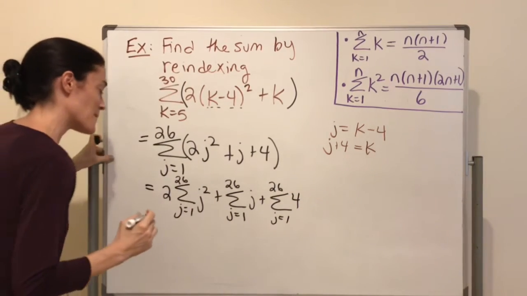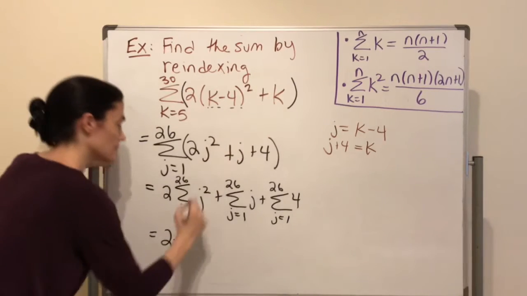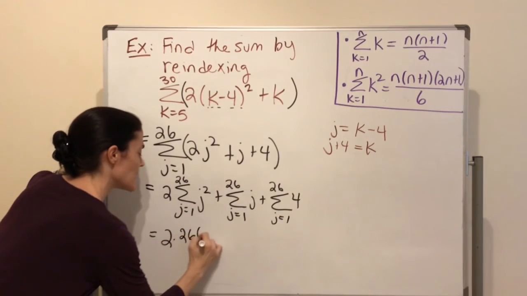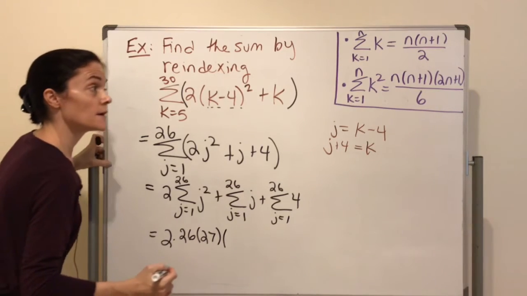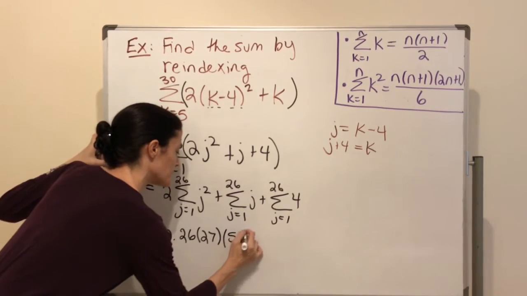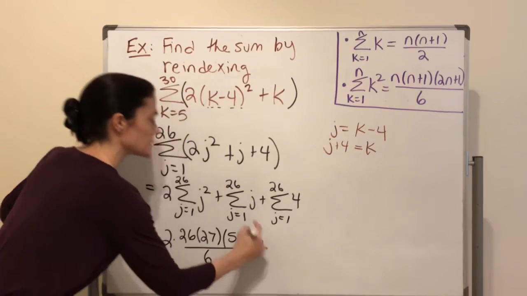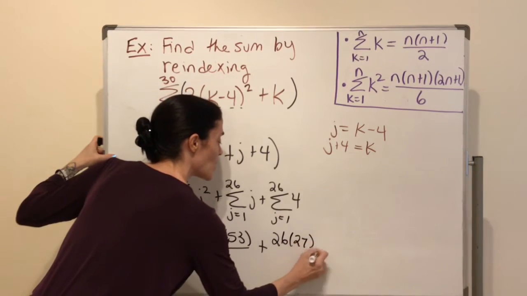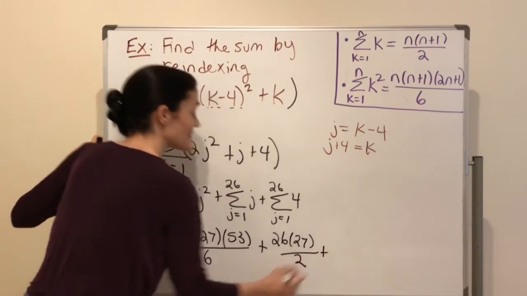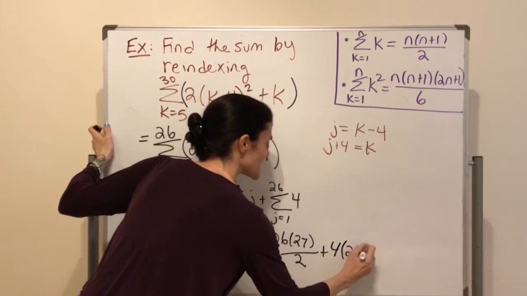Okay, now I'm ready. This is 2 times here. This will be 26. This will be 27. And then we have 53, then divided by 6, and then plus, this is 26 times 27 over 2, and then we get 4 times 26.